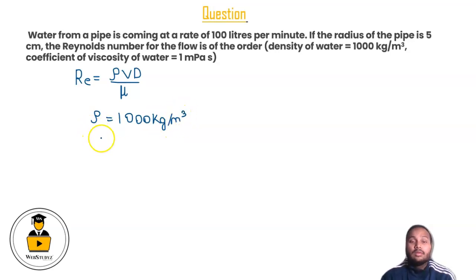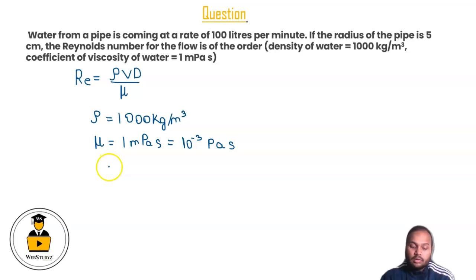Then we have the value of mu, which is 1 milliPascal second, which we can write as 10 to the power minus 3 Pascal seconds in SI unit.